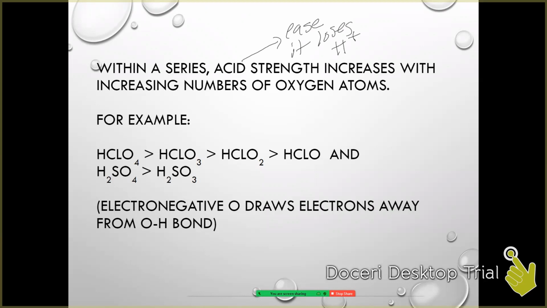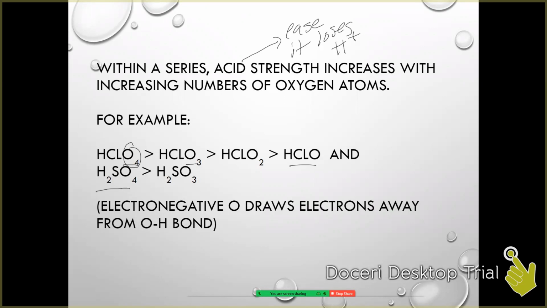Anything that pulls the electrons more toward itself and away from the hydrogen makes it a stronger acid. A lot of times the hydrogen is attached to the oxygen, and oxygen is pretty electronegative. So the more oxygens I have, here we have our chlorine series, starting with perchloric and going all the way down to hypochlorous, the more oxygen it has, the stronger it is.